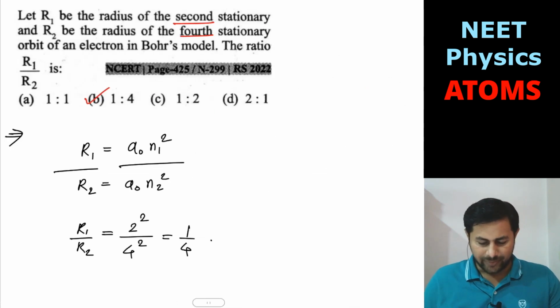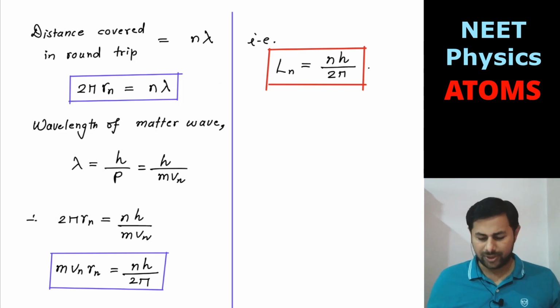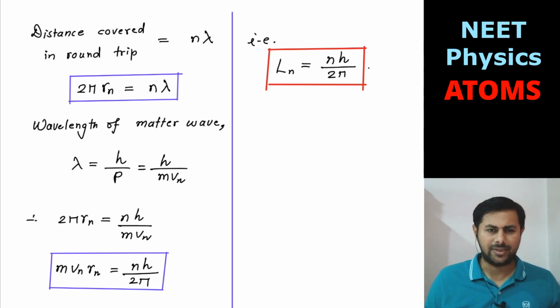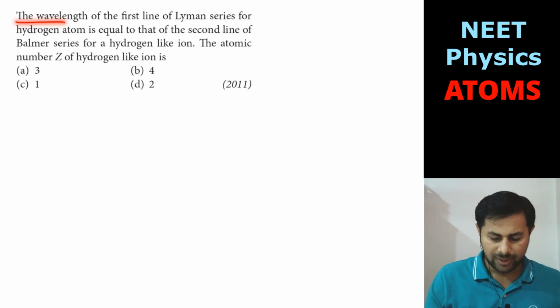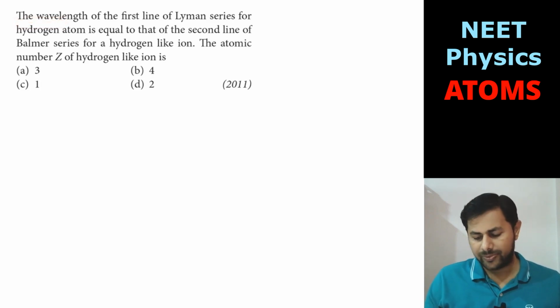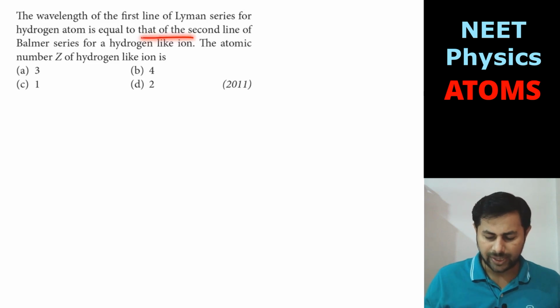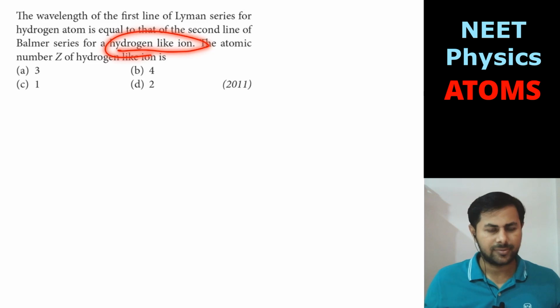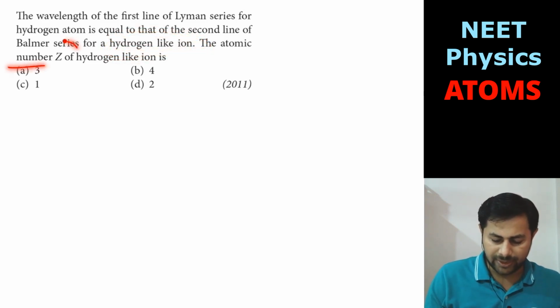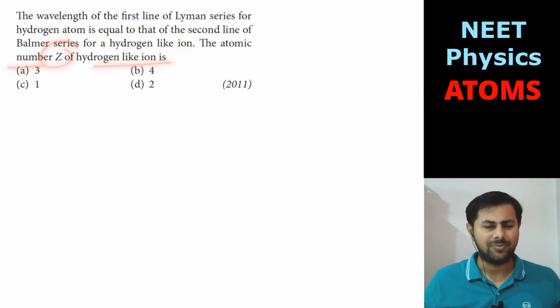All right, good. Now let us solve some problems based upon all these things. Let's see this one. The wavelength of the first line of the Lyman series for a hydrogen atom is equal to that of the second line of the Balmer series for a hydrogen-like atom. The atomic number Z of this hydrogen-like atom is?